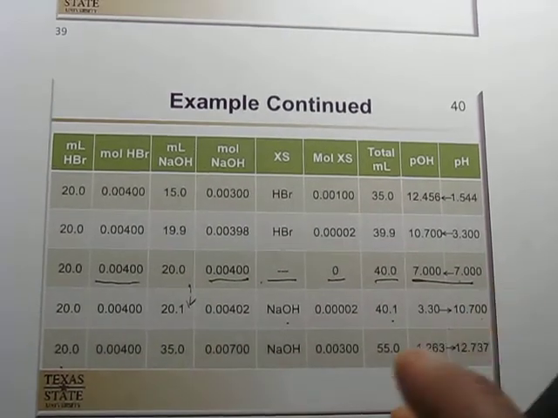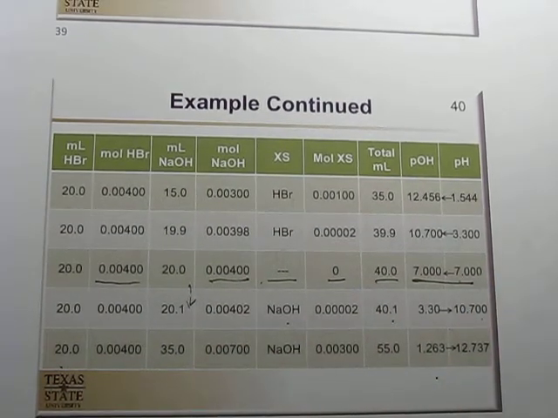So this was one example of a titration, as we add a strong base to a strong acid, and how we can calculate the pH at different volumes.